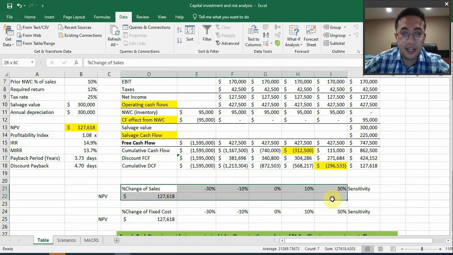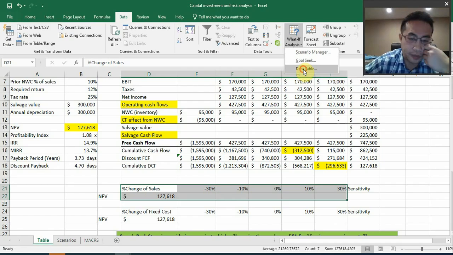I will select the entire thing, from this NPV definitely. I definitely want to incorporate this value because all the 5 blank cells will show up the NPV based on the formula here. And then I will go to Data, make sure it is What-If Analysis, and I will hit Data Table.